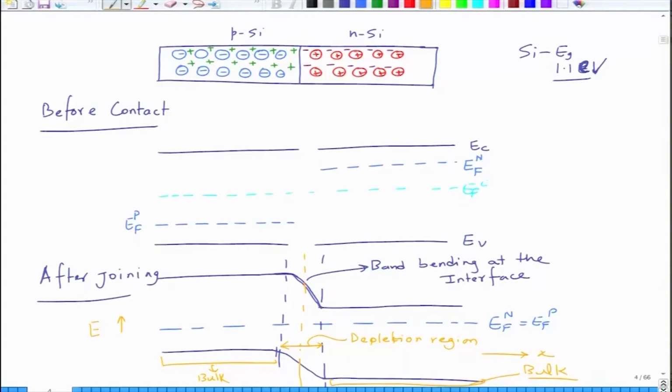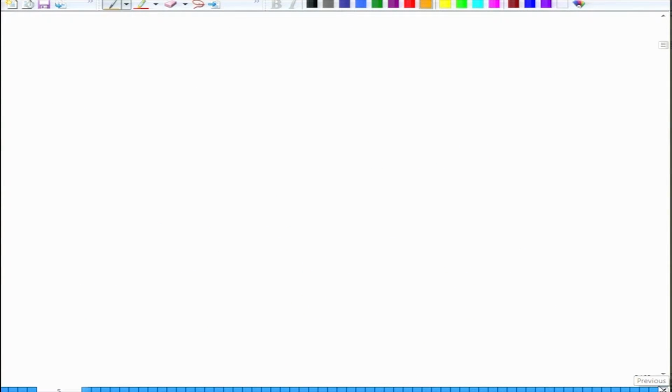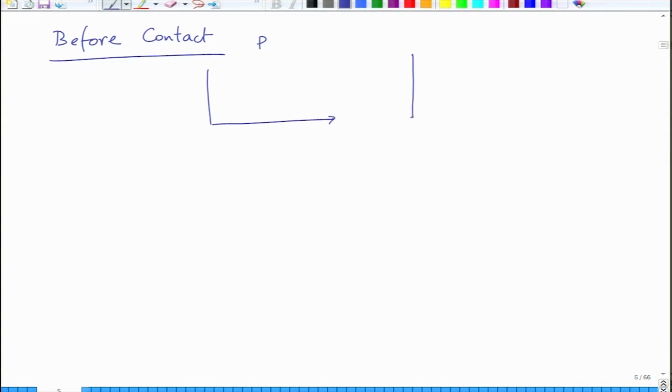So now if you look at this device, before you make a contact, first let us plot the charge density as a function of distance, on the P side, on the N side. So this is for the N side, this is for the P side.